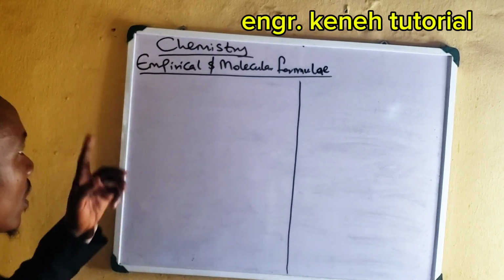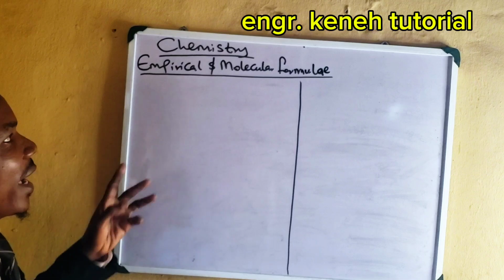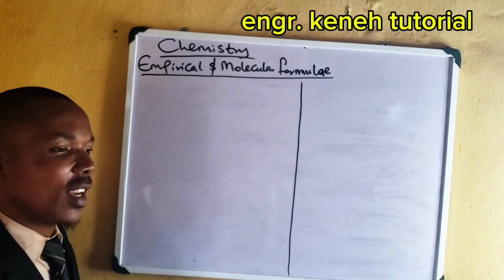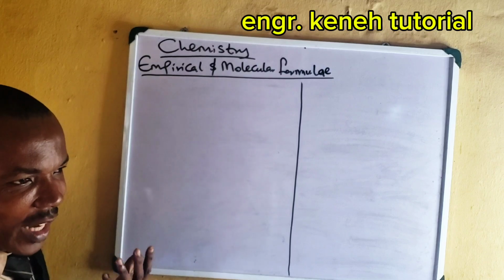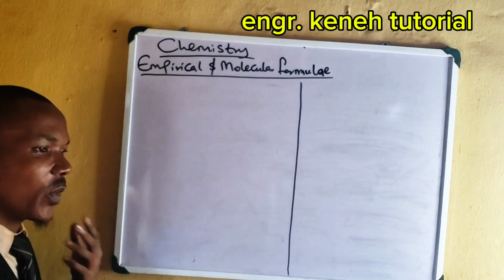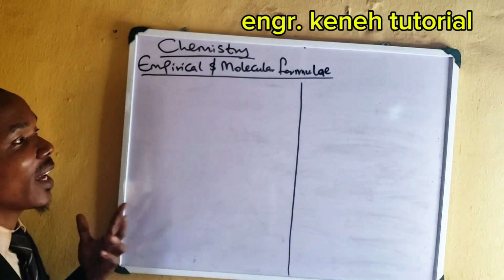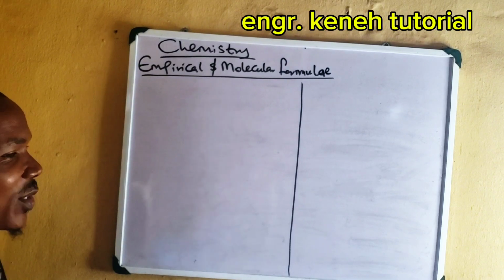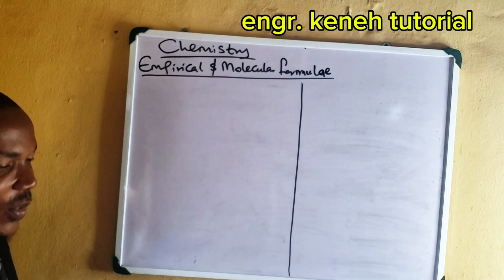Today we want to talk about empirical formula, and also molecular formula. When you are talking about the formula of a compound, this formula, for example, can be expressed to its simplest form.